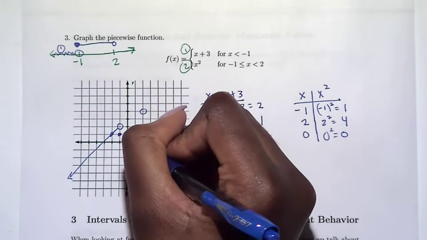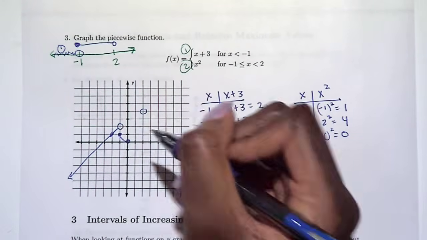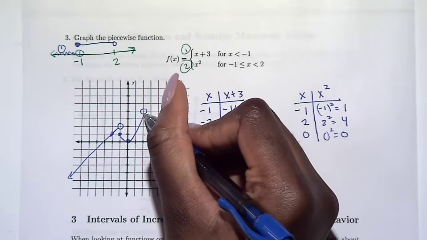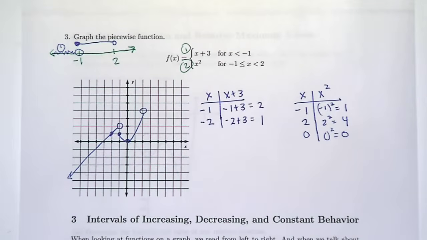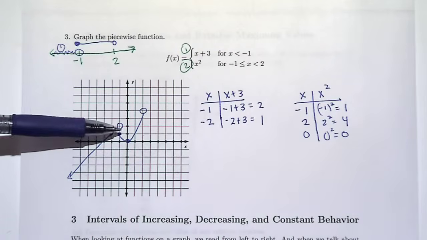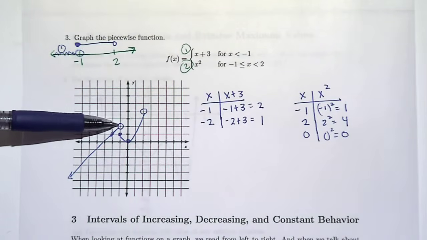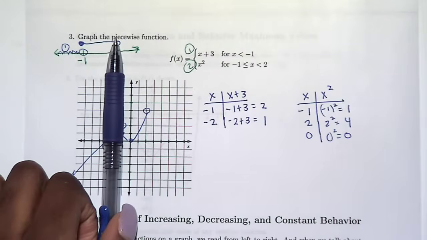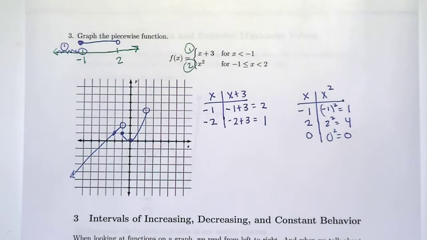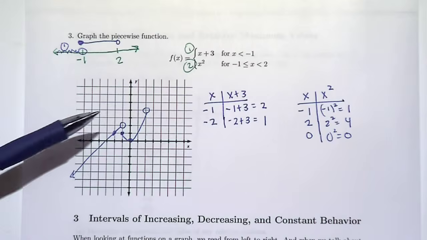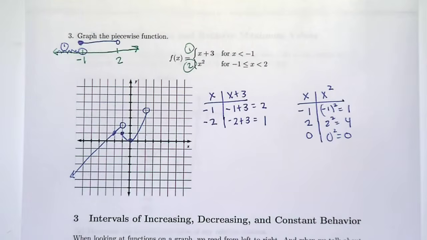Then I'll put my 0, 0, and now I can connect. This is the graph. And so now we actually see why this was an open dot, because if this were closed, we would have 2 points for the same x value. So therefore, this would not even be a function if both of these were closed dots. So these are things you want to keep in mind to make sure you graph something correctly if it's supposed to be a function.